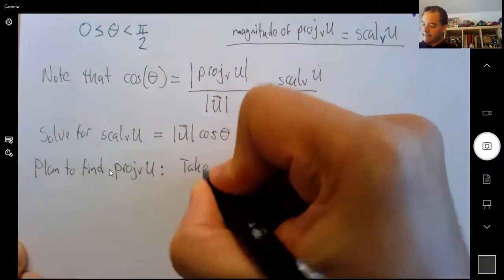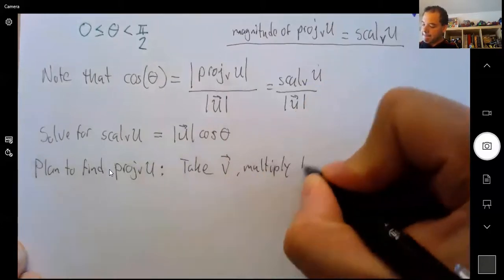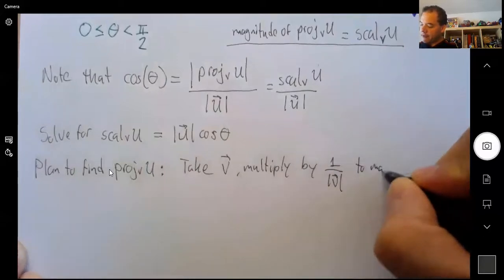Take v, multiply by 1 over the magnitude of v to make it unit.